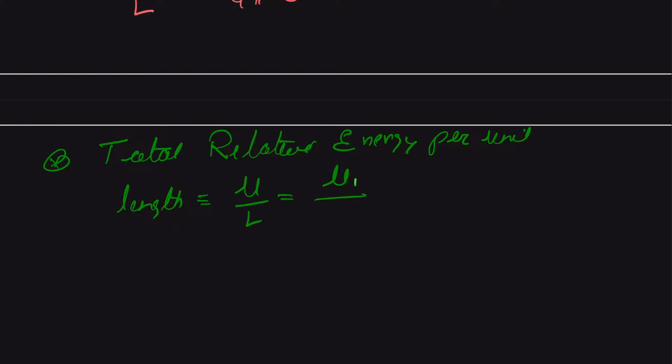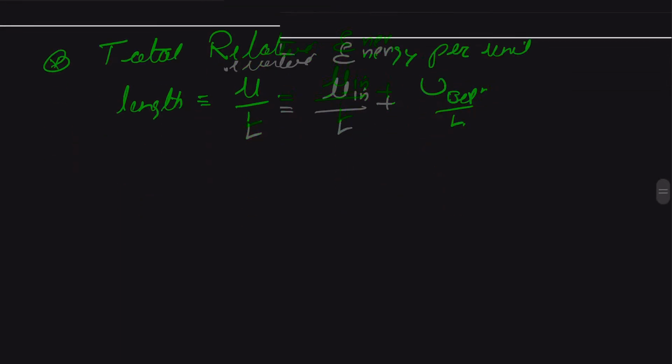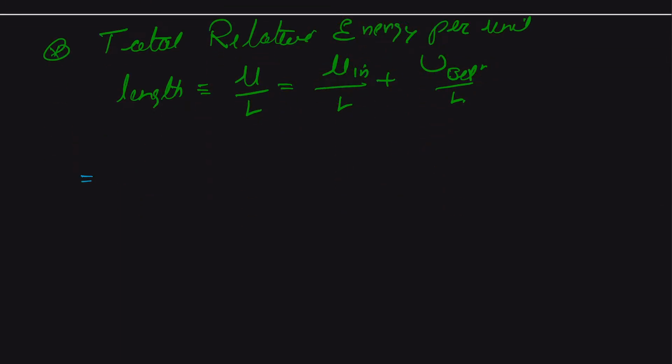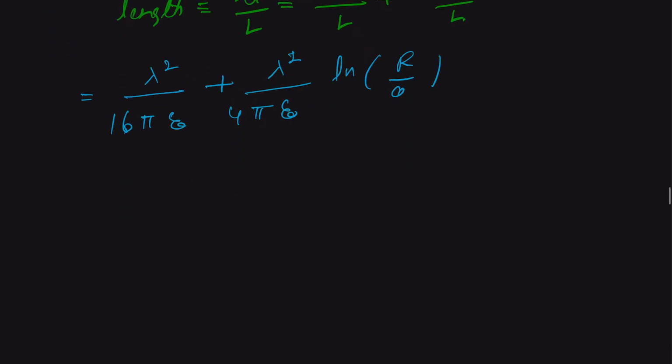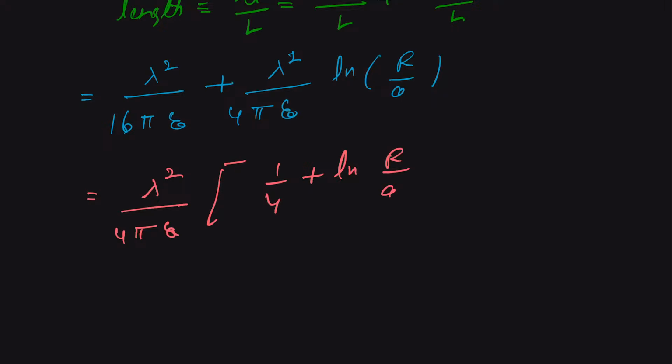So that will be equal to energy inside per unit length plus energy between per unit length, and we simply substitute the values, which gets us lambda square over 16 pi epsilon naught plus lambda square upon 4 pi epsilon naught natural log of R upon A. And we can just take out the common factor, and that will be equal to lambda square upon 4 pi epsilon naught times (1/4 plus natural log R upon A).